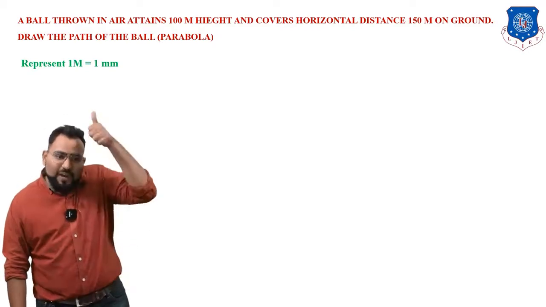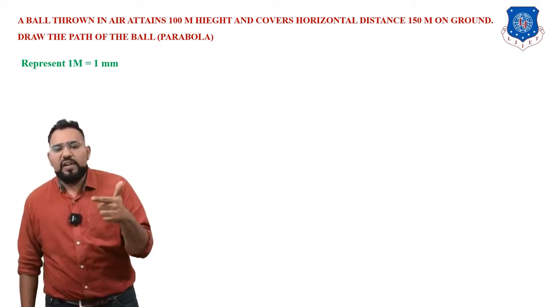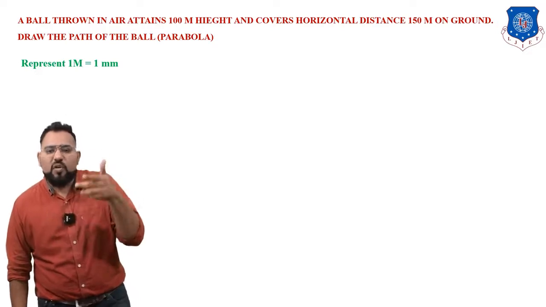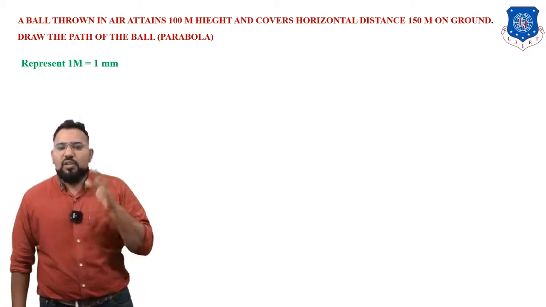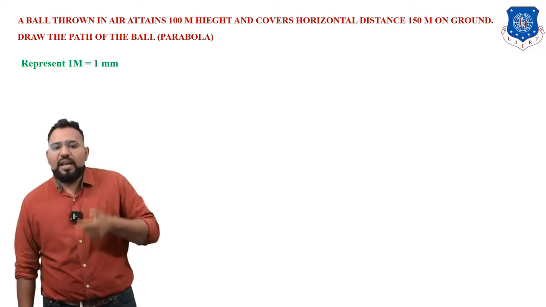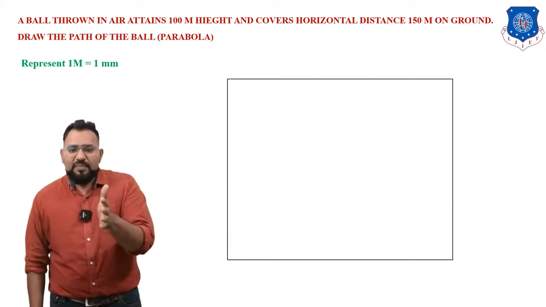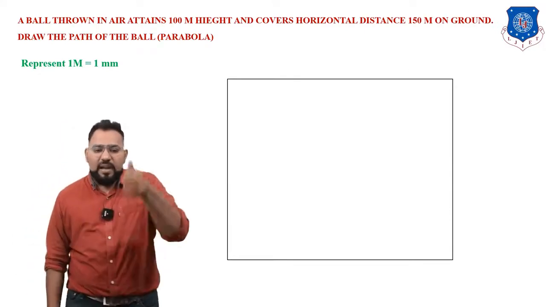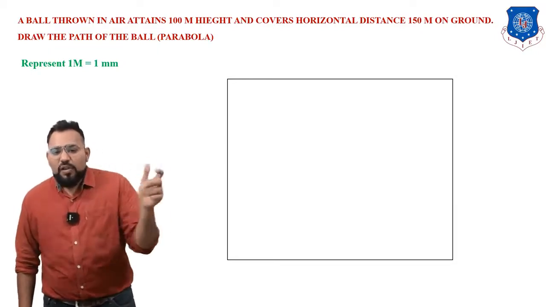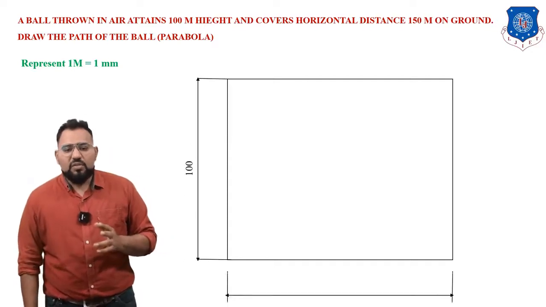He also mentioned a horizontal distance of 150 meters, so the horizontal side is 150 mm. Draw a rectangle like this, 100 by 150, with vertical sides of 100 mm and horizontal sides of 150 mm. Let us give the dimensions like this so you will get to know.